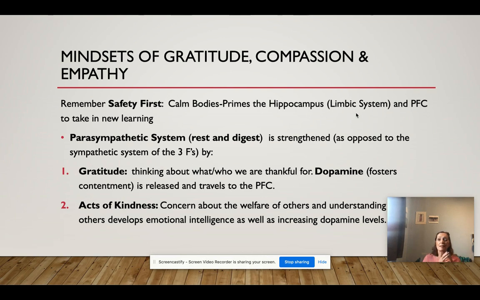Acts of kindness, concern about the welfare of others, that really helps develop our emotional intelligence, as well as increasing those dopamine levels. So, acts of kindness creates empathy. Understanding feelings of others creates empathy.